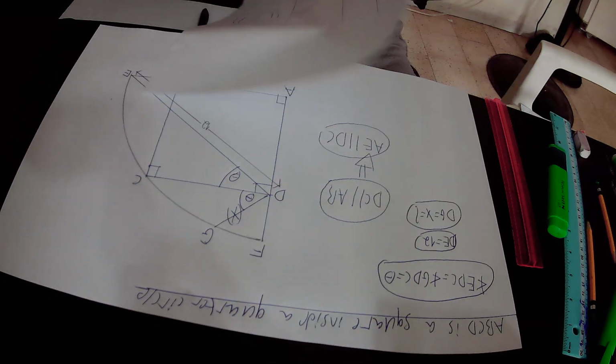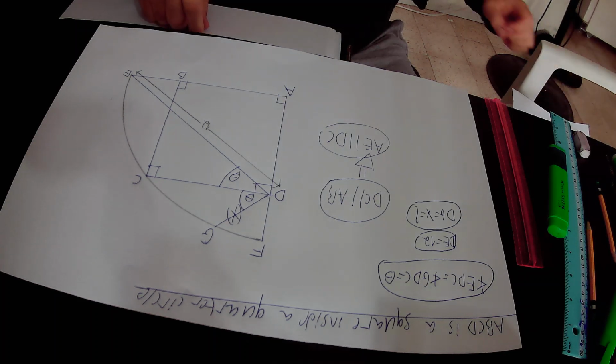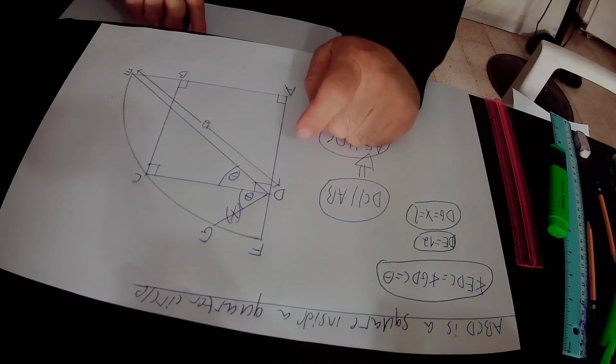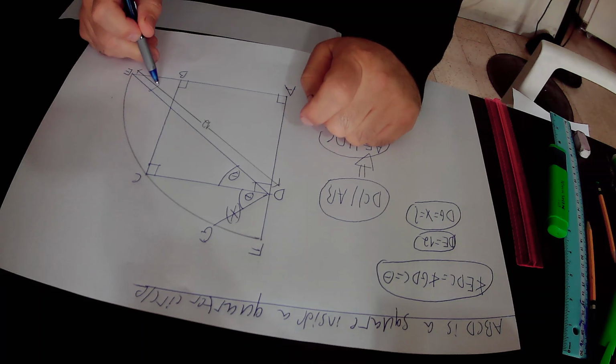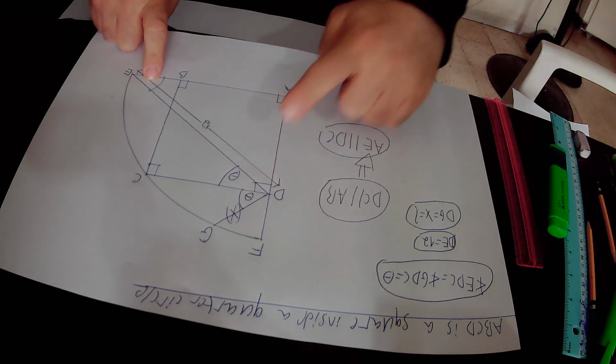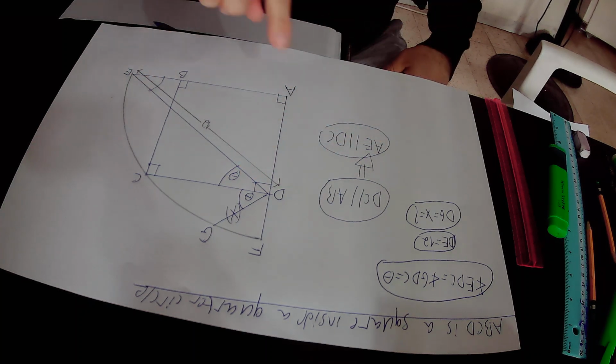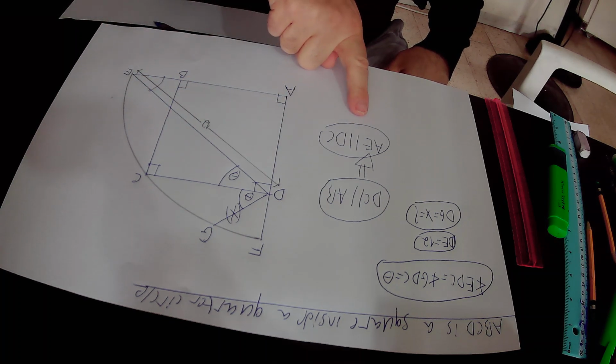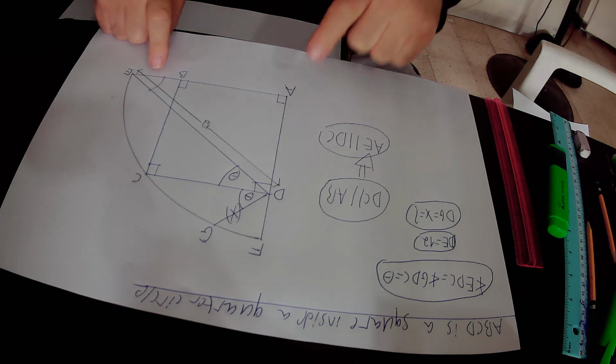We can implement rule 15 in our drawing. In our drawing, we have those two angles. Those two angles are defined as alternating angles, and they are located between the parallel lines DC and AE. DC is parallel to AE, and therefore they are equal to each other.